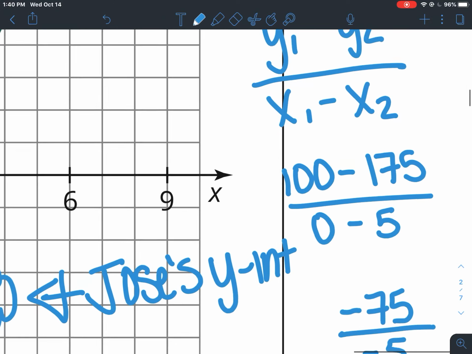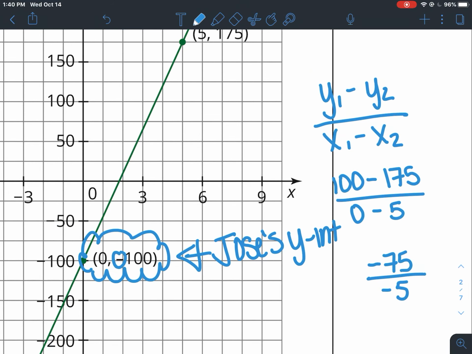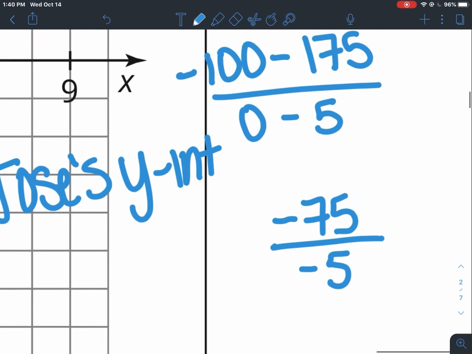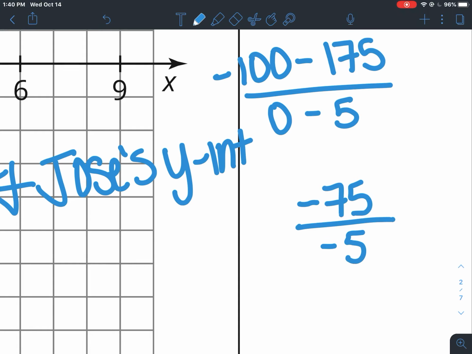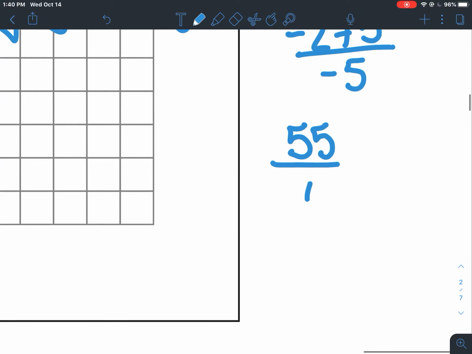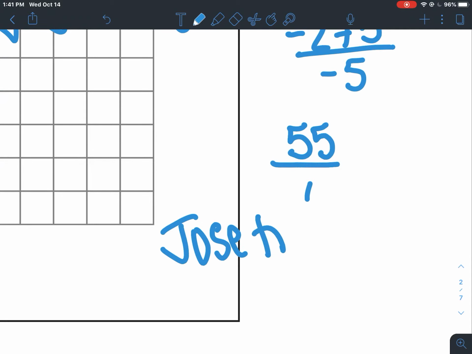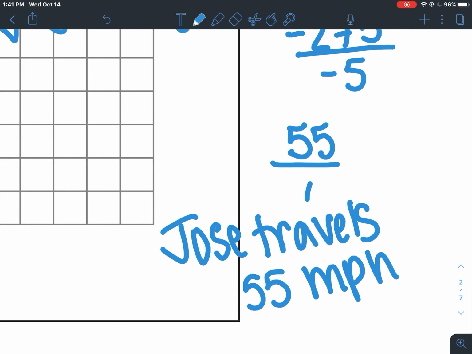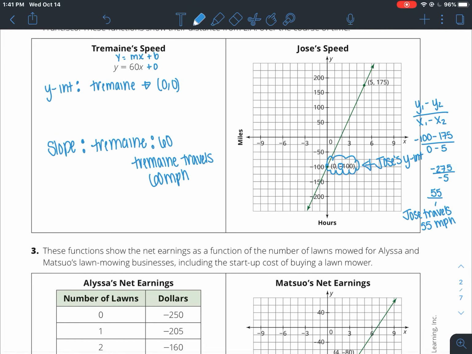Oh wait, no, I made a mistake. Negative 100 minus 175. Okay, so negative 275 divided by negative 5 gives me positive 55 over 1. So in context, Jose travels 55 miles per hour. Yeah, and that completes that one.